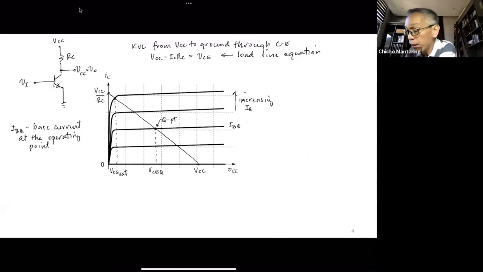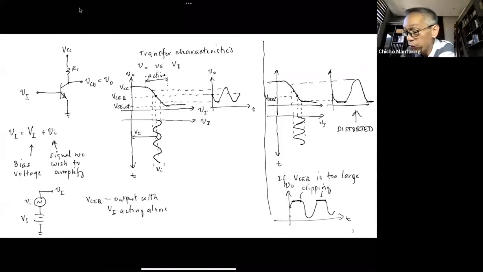Of course, we could not do that here, right? Because it is the value of V of I that actually causes I of B to change. So we cannot make V of I fixed at 0.7 because we want to see how I of B changes with the changing V of I. So here, we cannot say this is equal to 0.7 because this signal is actually a time-varying signal whose value varies.